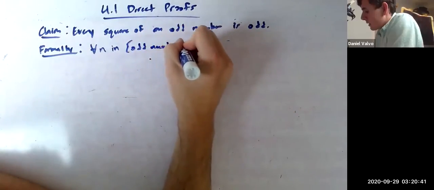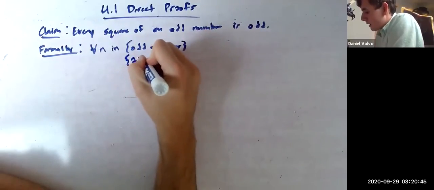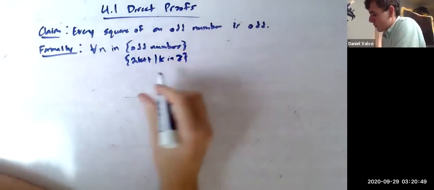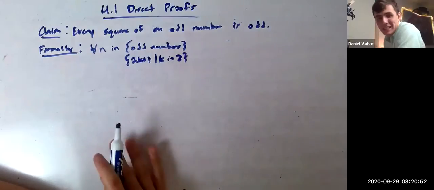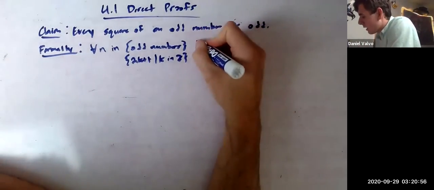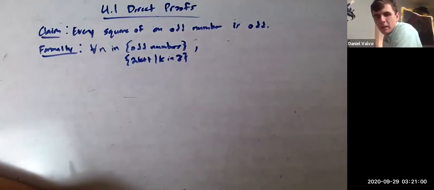In the odd numbers, which you could write, by the way, as all numbers of the form 2k plus 1, such that k is in Z, because we know that's what it means to be odd. What are we saying about all these odd numbers?